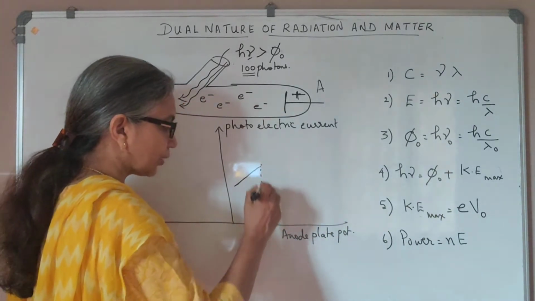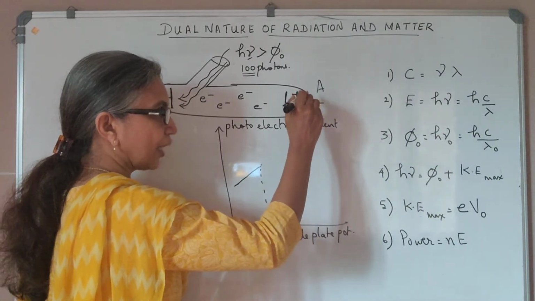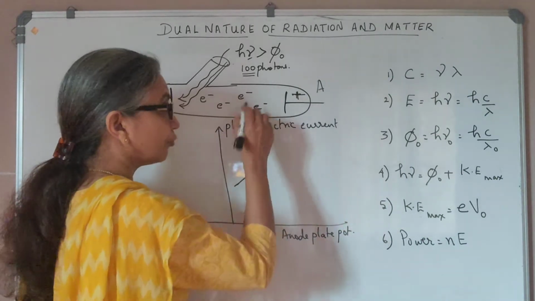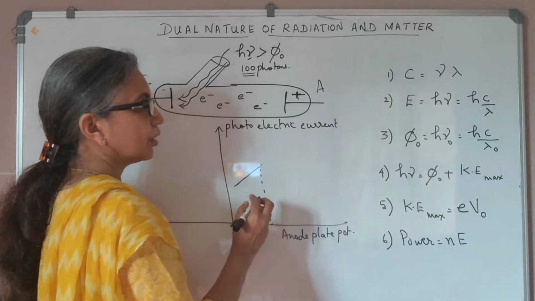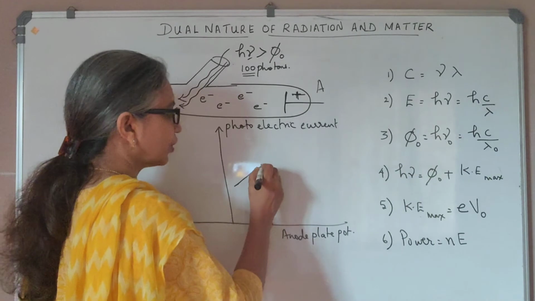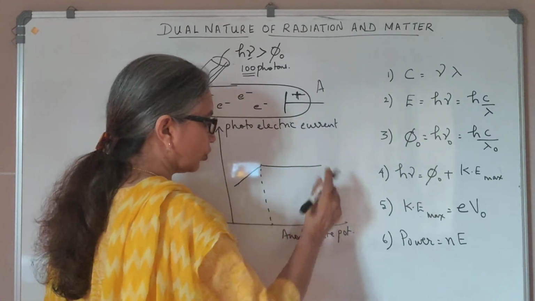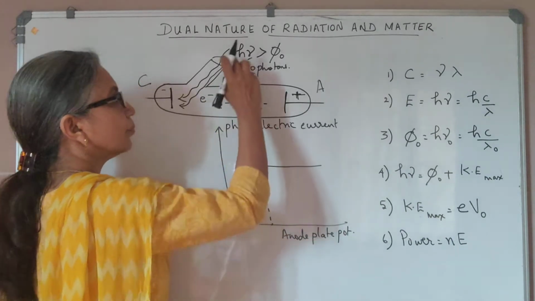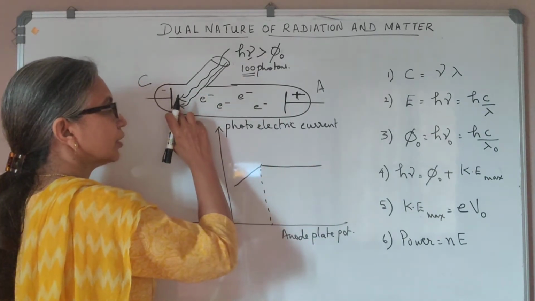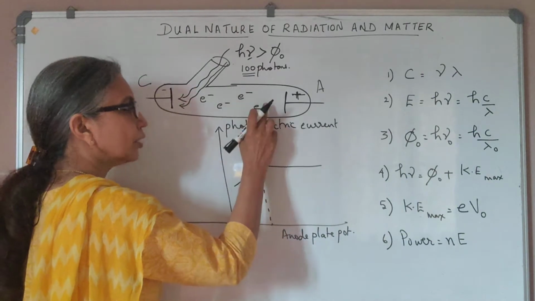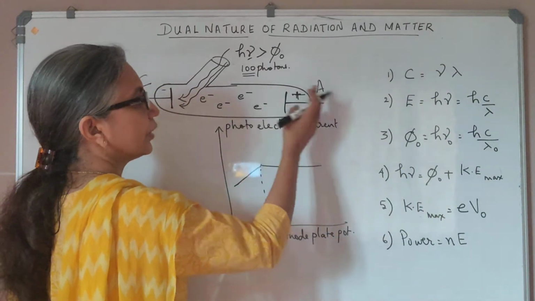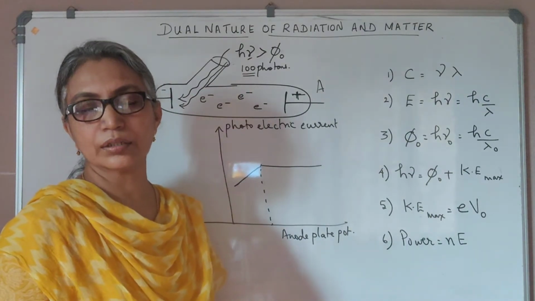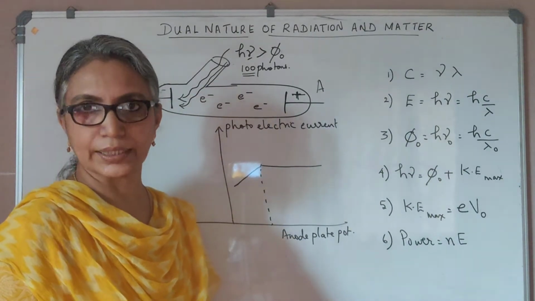Once you reach that particular potential of the anode, when all 100 photoelectrons are being collected in 1 second, after that, even if you increase the anode plate potential, there is no use. You do not get a larger photoelectric current because there are only 100 photons incident here. This is emitting only 100 photoelectrons, and therefore the anode plate can only accept 100 photoelectrons in 1 second.